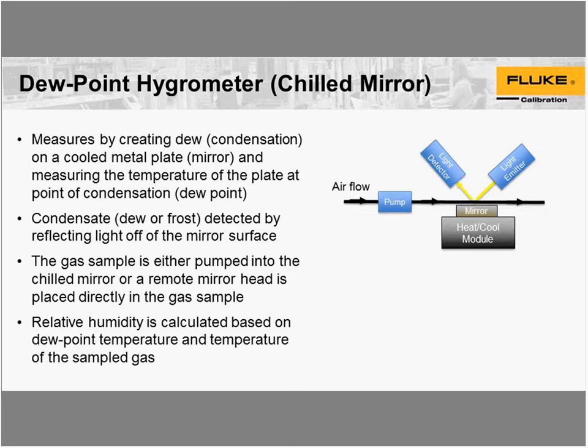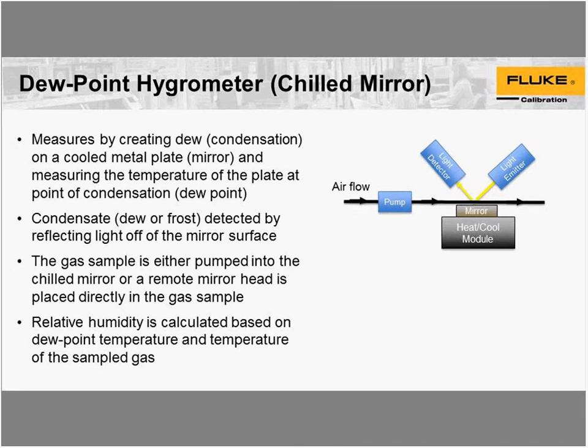And so, of course, there are a lot of complicated techniques for controlling the dew point temperature carefully and measuring the light bouncing off of it carefully, and controlling the flow rate of the air. And at any rate, there will be a temperature sensor embedded in the mirror, and when you get fog or dew on it, all we have to do is look at what the temperature sensor is saying, and then we have our dew point temperature.